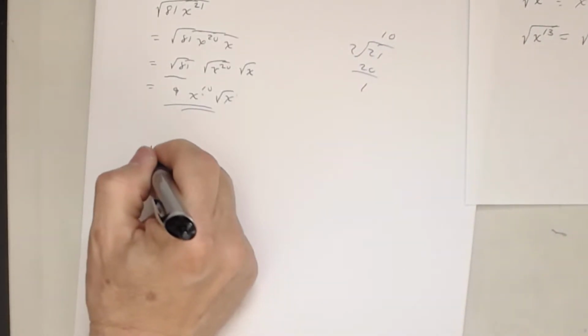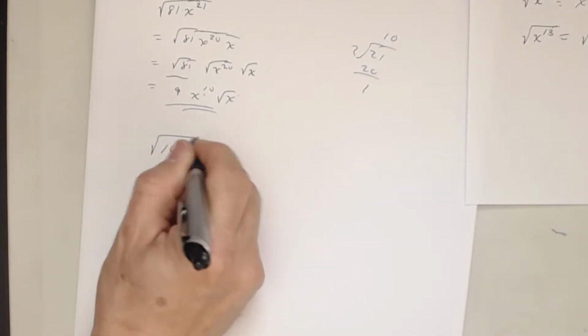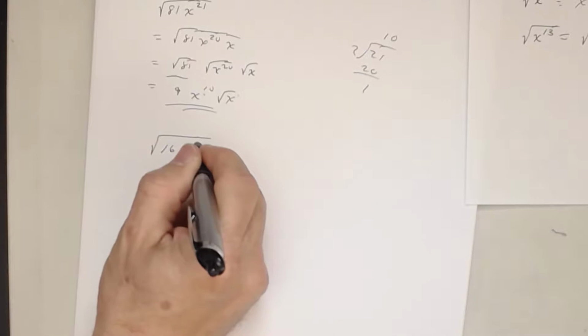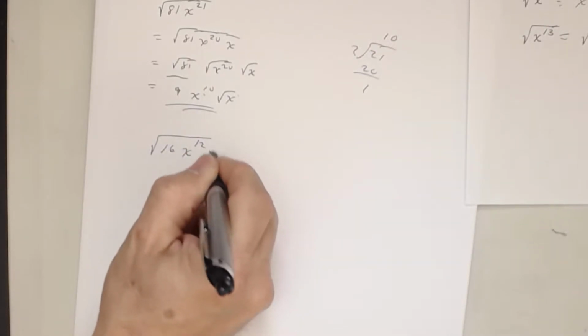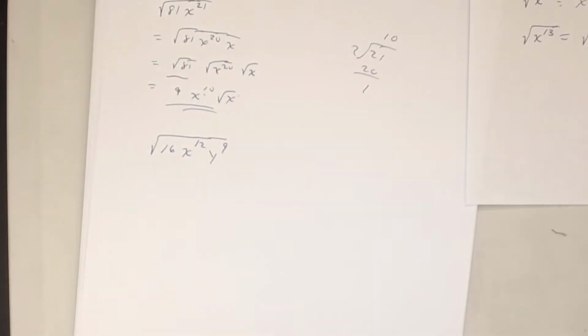All right, so if you had the square root of, let's say, 16 x to the 12th power, y to the 9th. Some of you can do this in your head real easily. I'm not going to say show work here, but for some others, you may need to show some work.